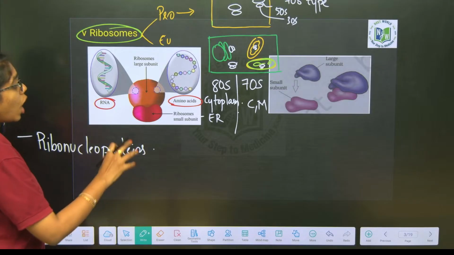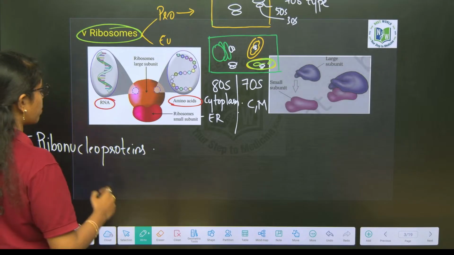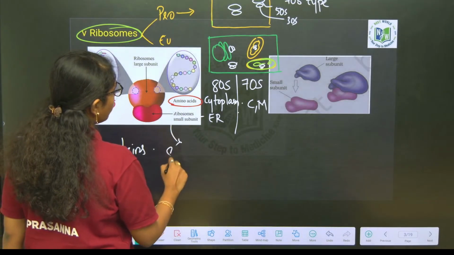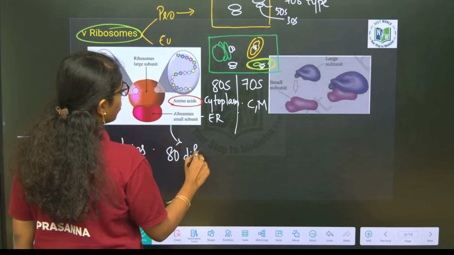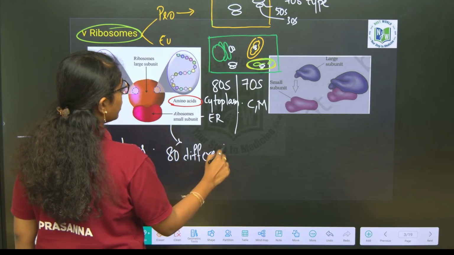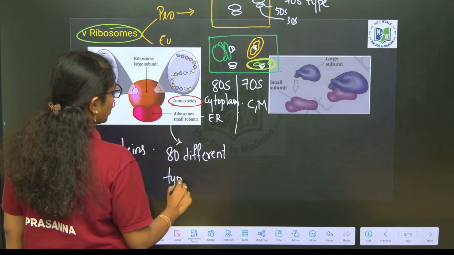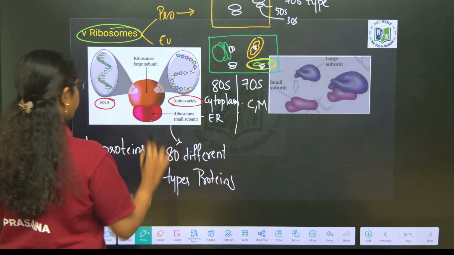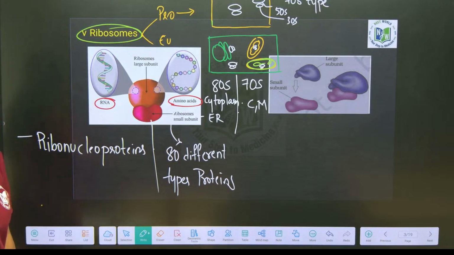Fine, right? So, how many different types of proteins are present? If that question comes, our answer is, we have around 80 different types of proteins present inside the ribosome. Fine, clear?